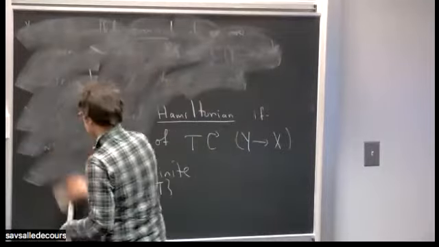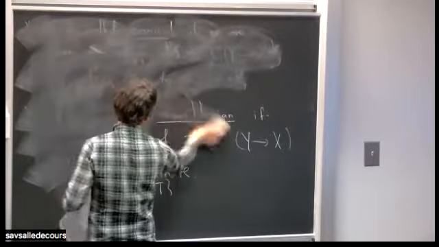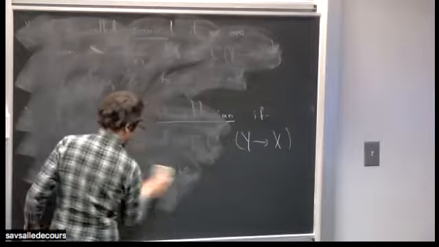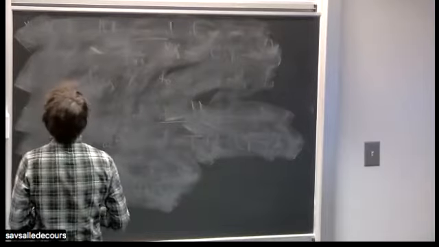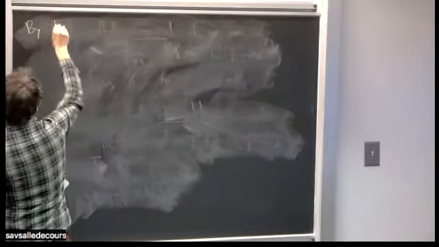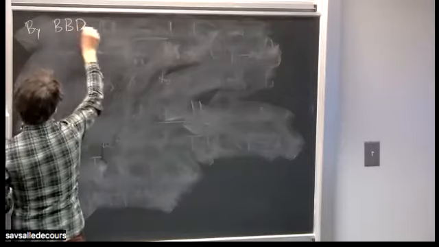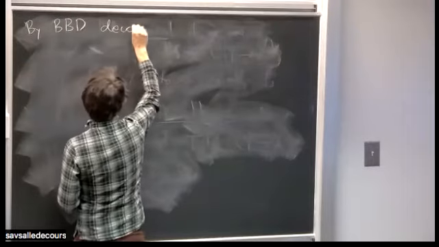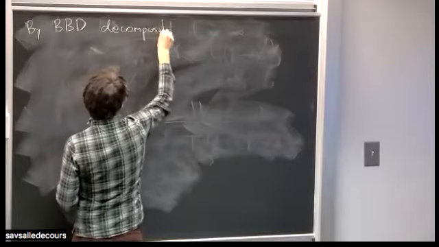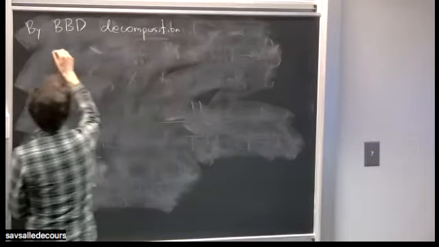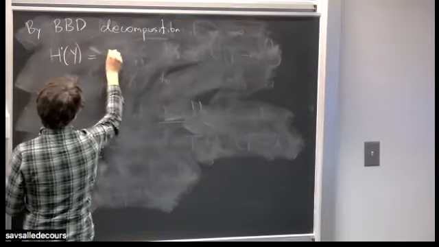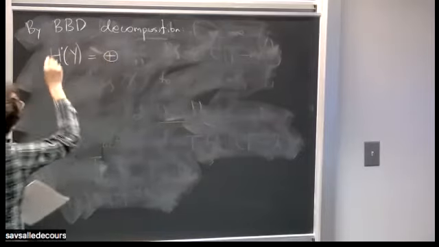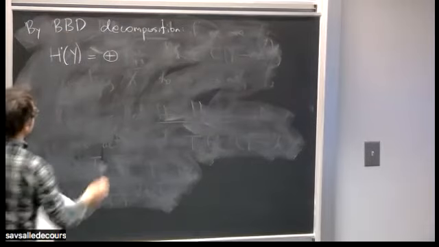This condition on dimensions is very useful because it allows us to apply what's called the Beilinson-Bernstein-Deligne decomposition theorem to study the cohomology of Y. The cohomology of Y decomposes as a direct sum over these strata.